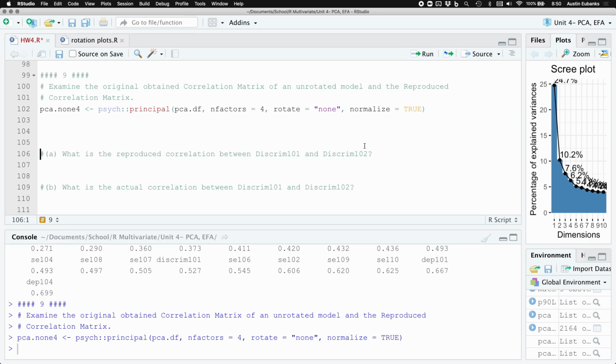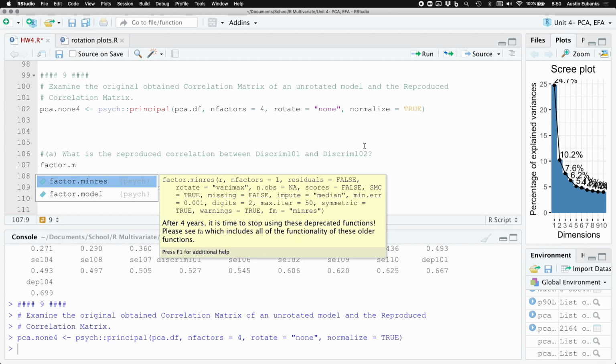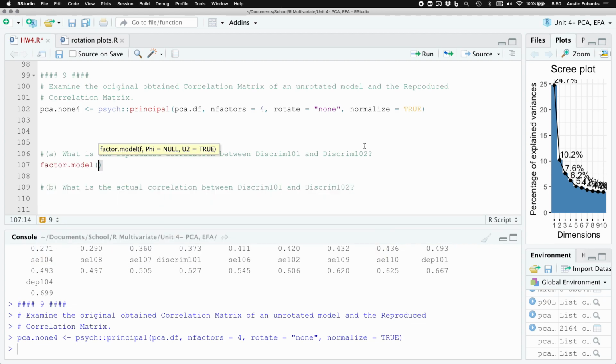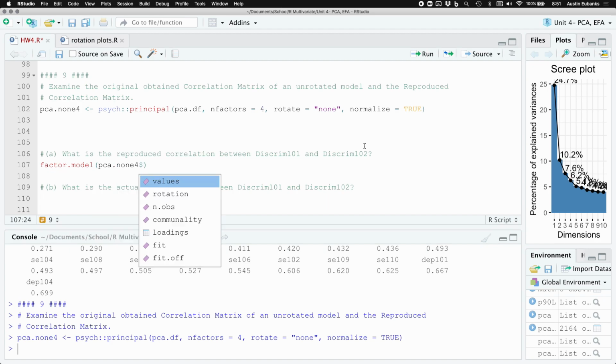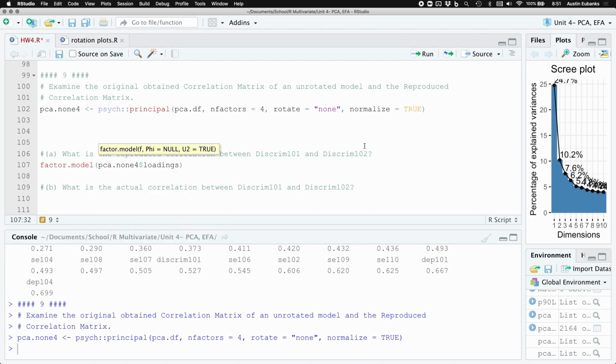For our reproduced correlation matrix, there's a function called factor.model. In that factor model, we'll tell it we want to do a factor model of the loadings from this unrotated PCA, so PCA none 4 $ loadings.